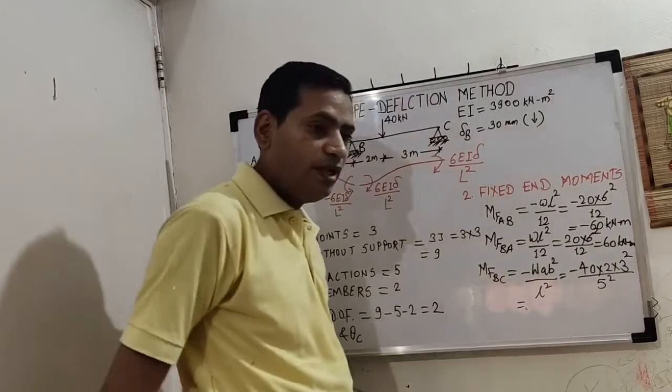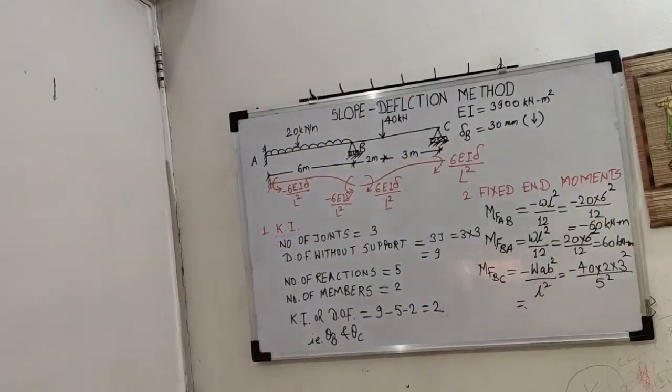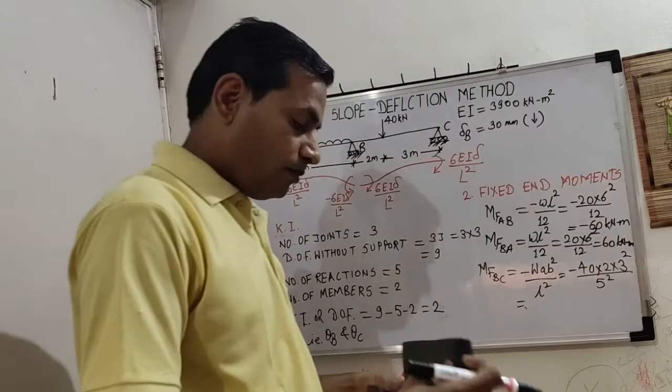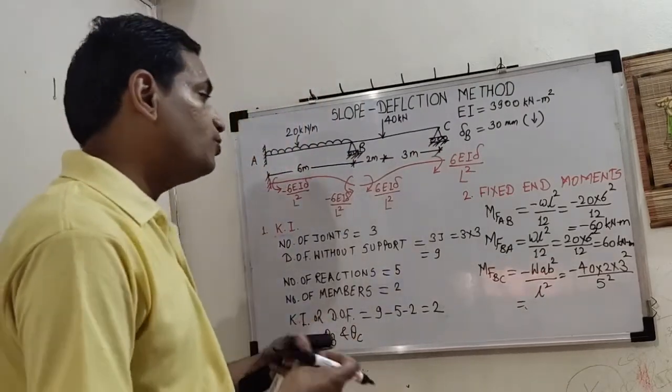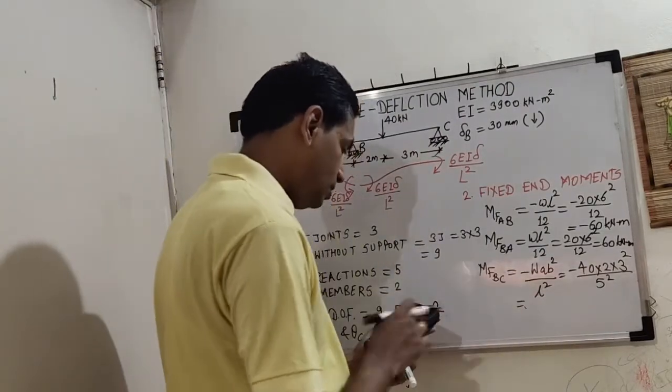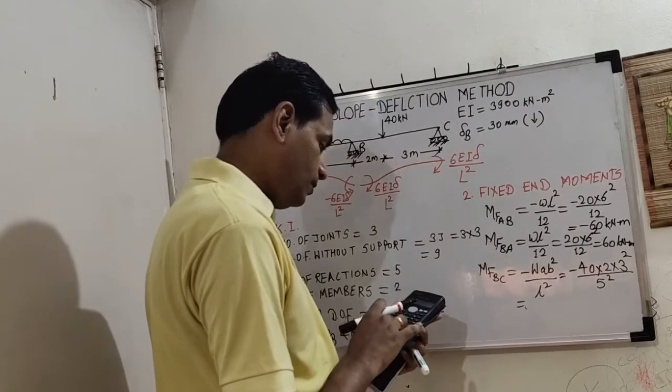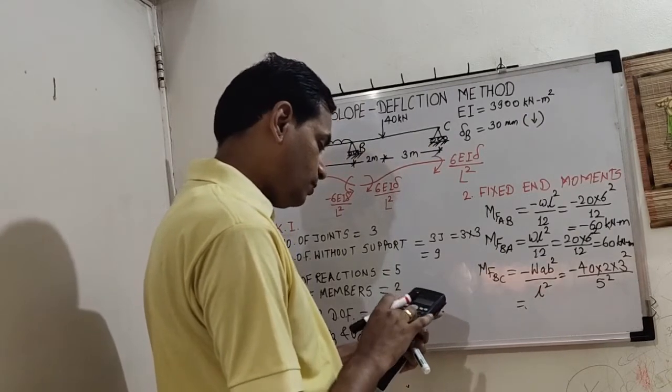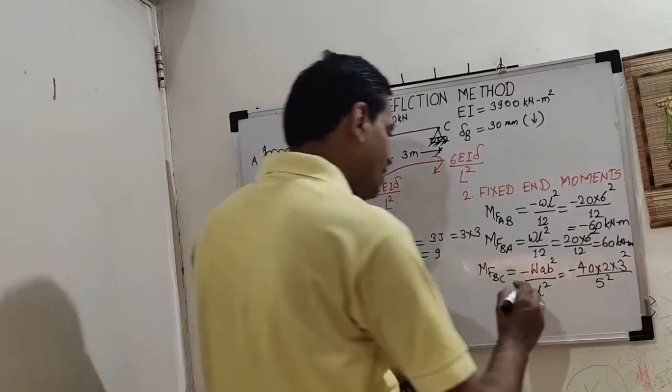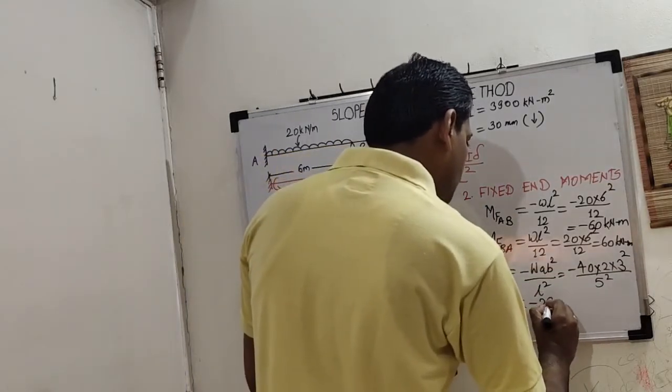So calculate this value. So that comes to be, let us see, minus 40 into 2 into 3 square upon 5 square, minus 28.8.